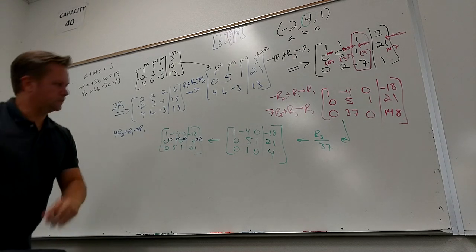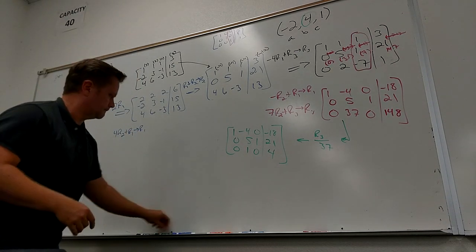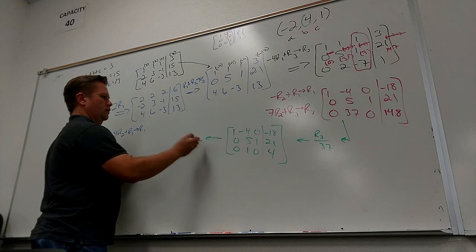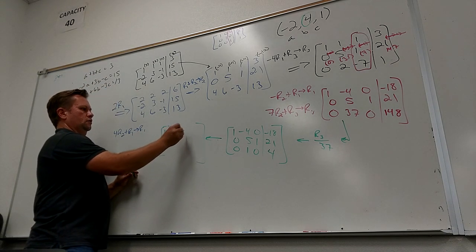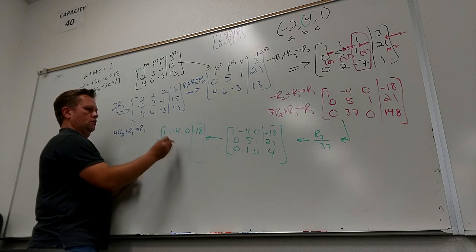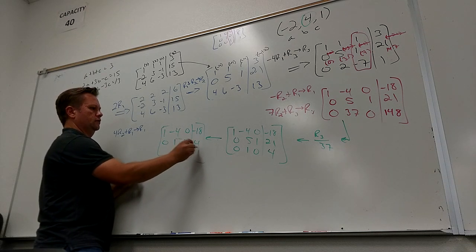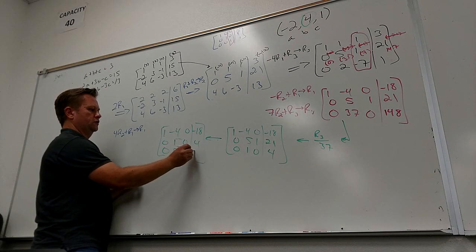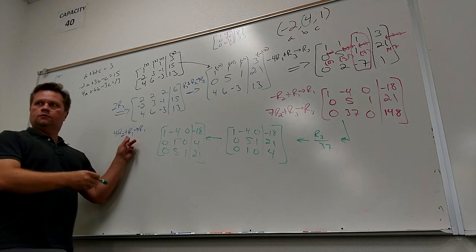So let me rewrite this. If I just switch those two rows, switch this row and this row, now it looks like this. So all I did was switch the rows. Is that cool? But now I'm going to do this. Why am I doing this?